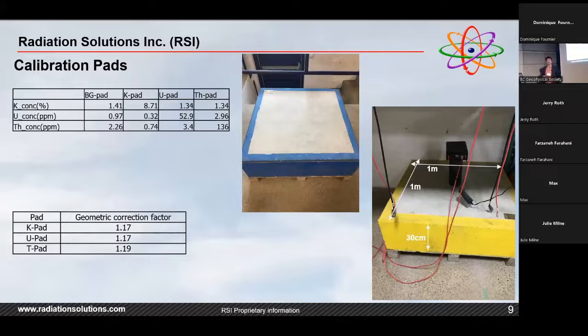So you need to correct for that. Not going to go too much into detail, but it's equivalent to an E2 formula, and you can see that those pads are roughly 83% of an infinite potassium source, uranium source, and 81% of a thorium infinite source. So you just need to have that in mind when you are reprocessing the data later on to make sure your calibration is correct.